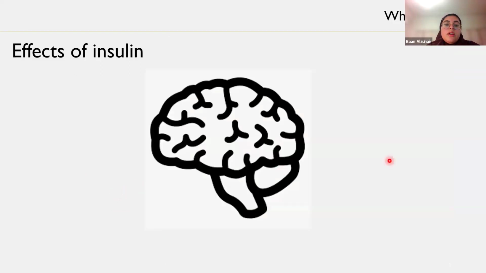Okay, so the last effect of insulin, which is the most important one, is its effect on the brain. So the brain is normally, almost all the time, permeable to glucose without any help of insulin. The brain only uses glucose as an energy source. This is in normal conditions. The brain's most favorable energy source is glucose.